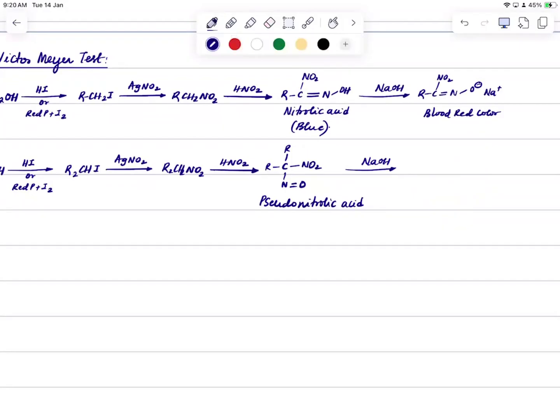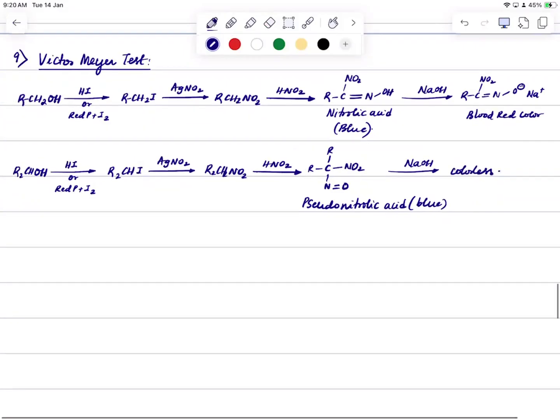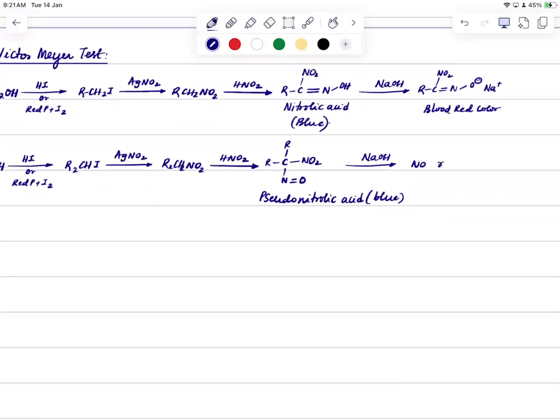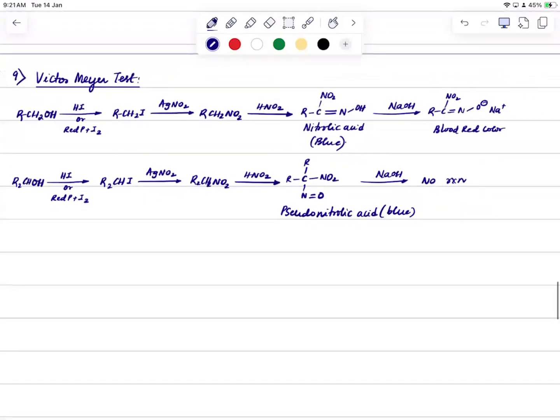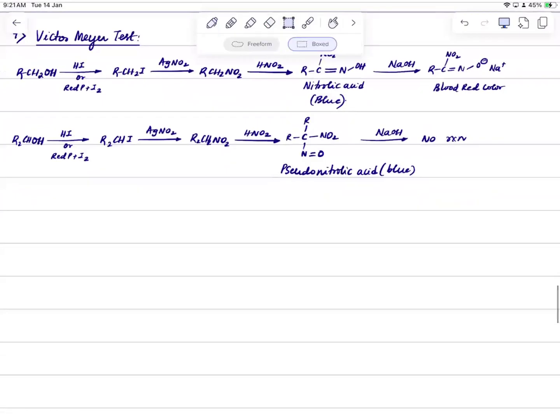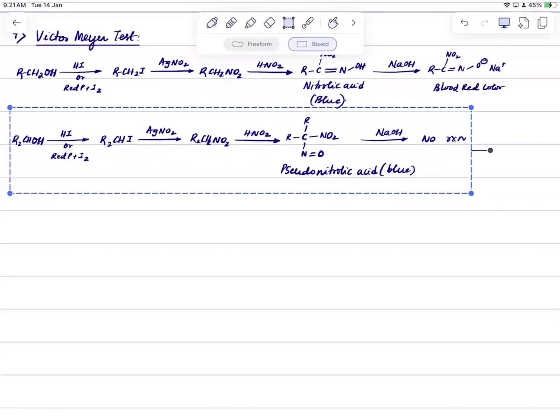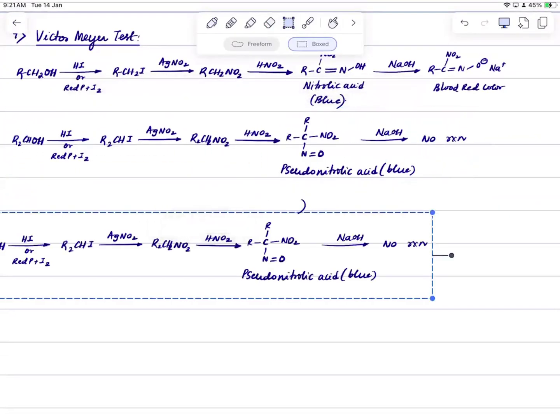So this will remain blue color. Sorry, I meant to say no reaction. So that blue color remains the same. So there is no change as such. So it will remain blue color only.